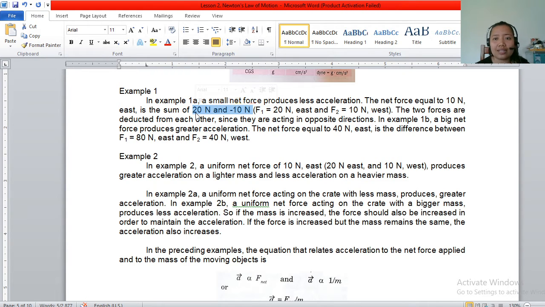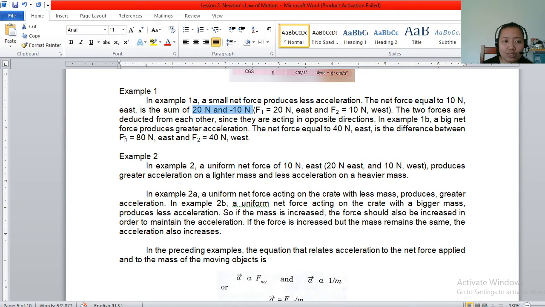Okay? In example 1B, based on our illustration below, look at the bottom of your module, a big net force produces greater acceleration. The net force equal to 40 Newton east is the difference between 80 Newton east and 40 Newton west.